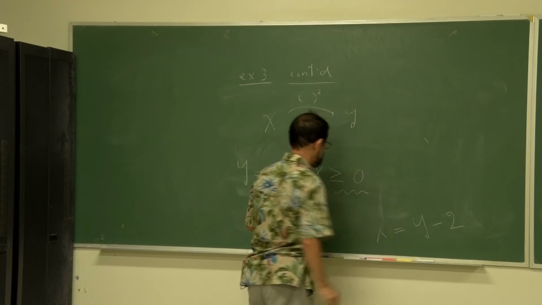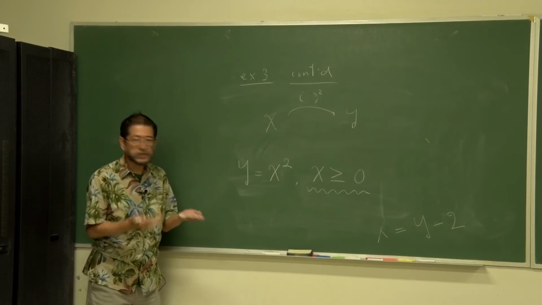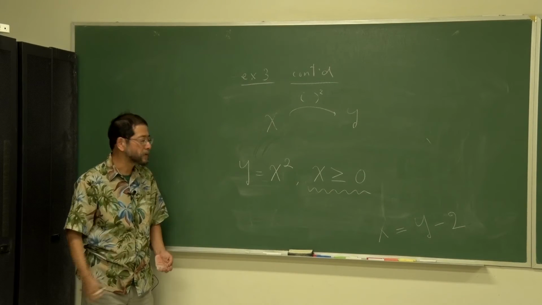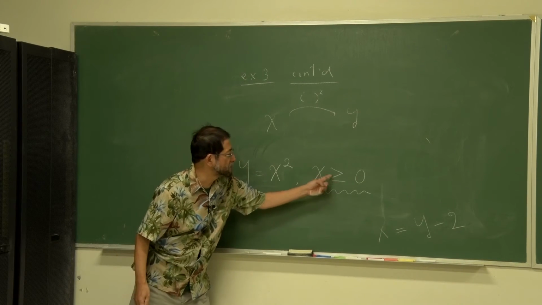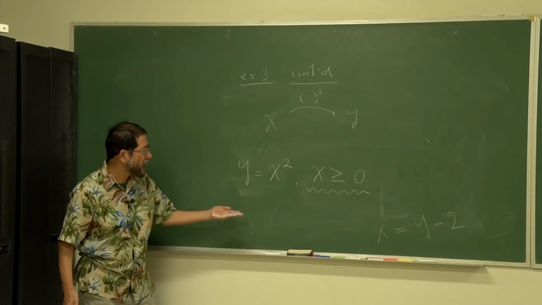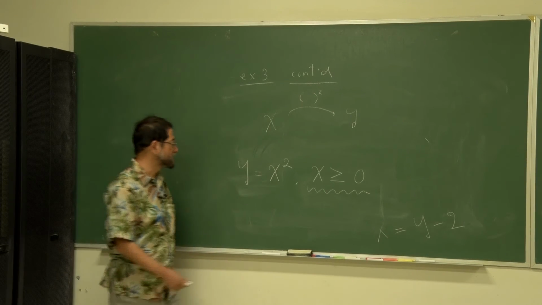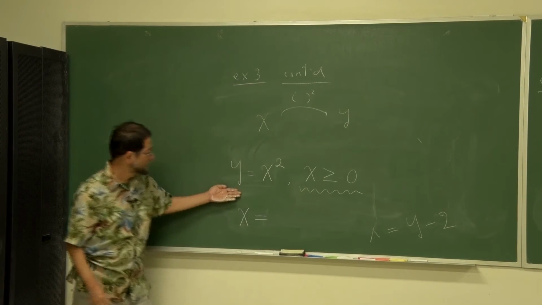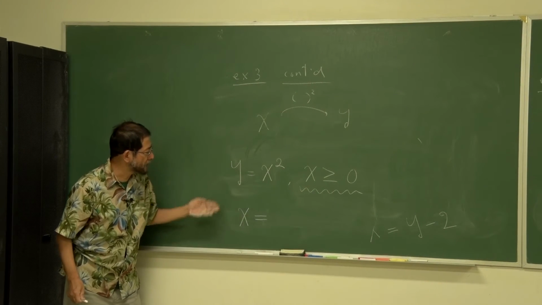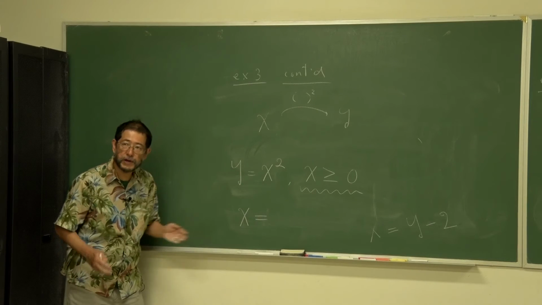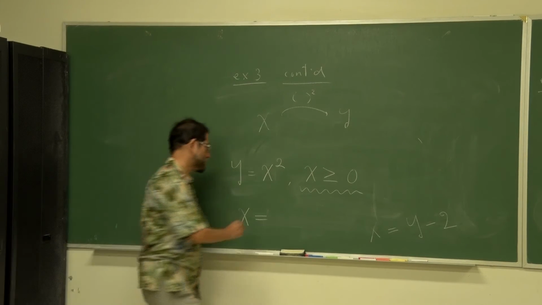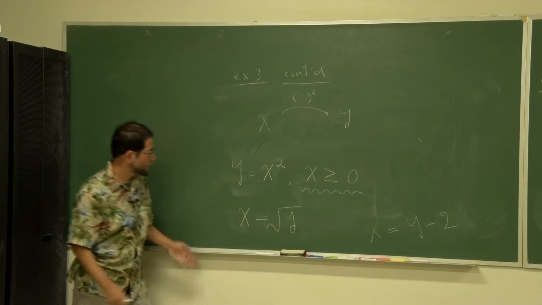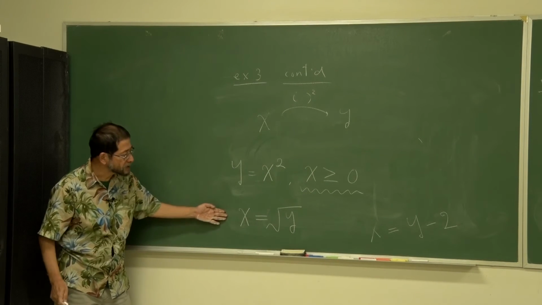Well, 0 squared is 0, so that's okay for the inverse. So I just specify positive or 0. Then I can really solve this for x. If I solve this for x, then the inverse of the square function is the square root. So this is the inverse function here.